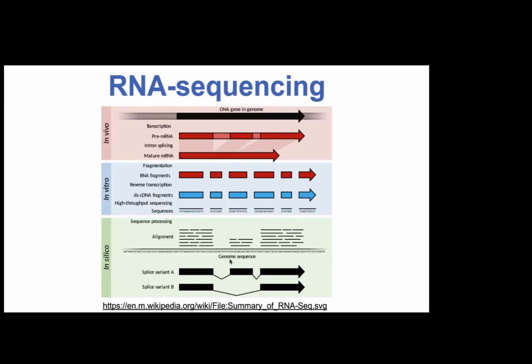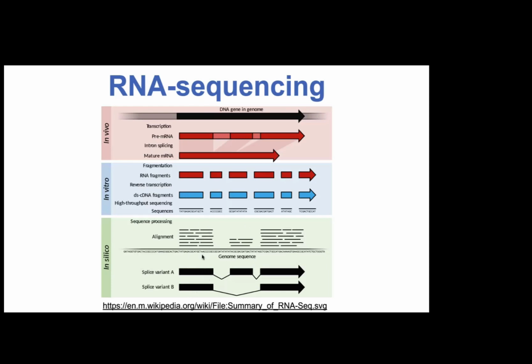And then advanced techniques don't only want to know what gene is expressed at what level, but maybe also which transcript is expressed more than the other at the transcript level.